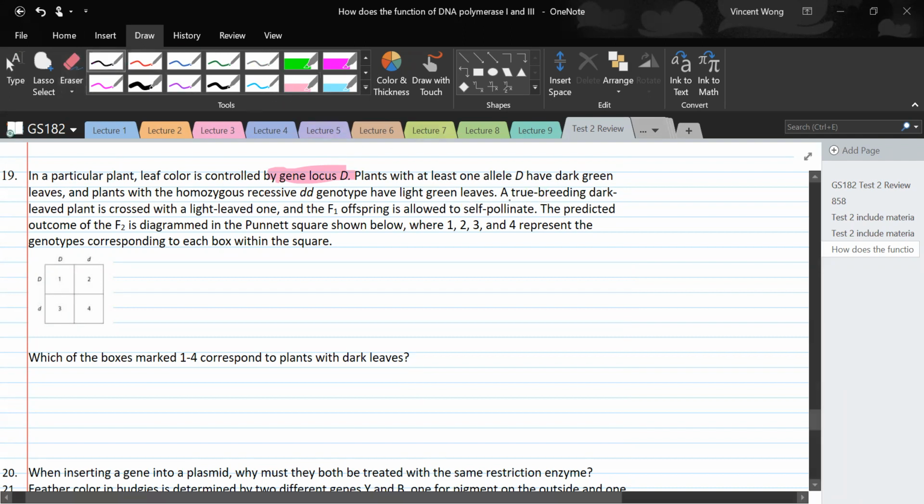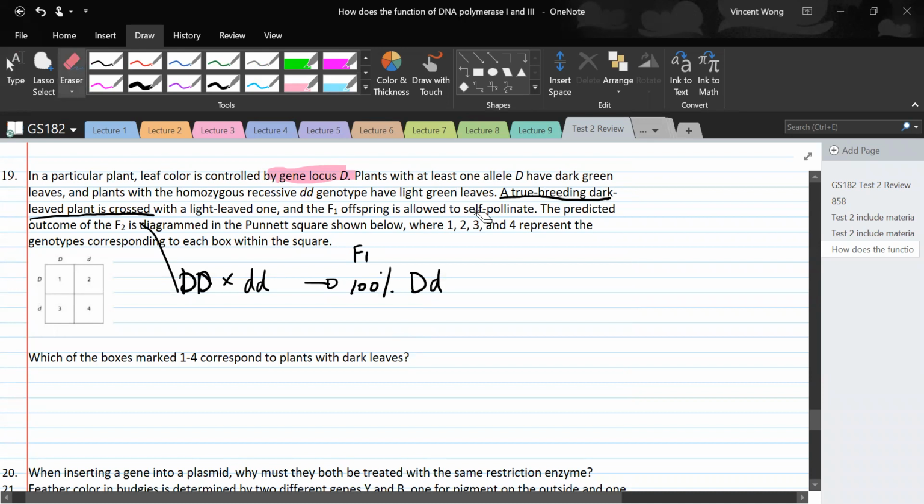Okay, so a true breed dark leaf plant, that means big D. True breed means it's homozygous. It is crossed with a light leaf one, so small d. Okay. If you start with true breed, we should know by now 100% of F1 is going to be big D, small d.